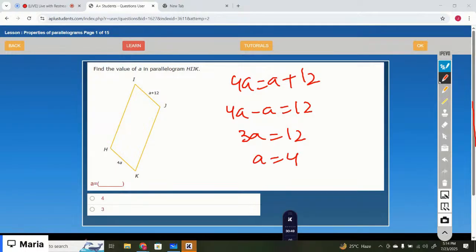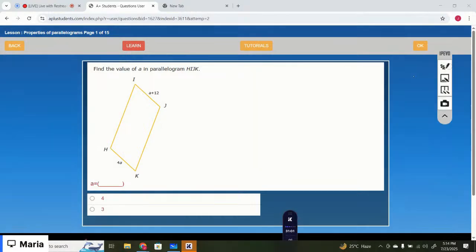That is A equals 4. Option number 1 is the correct option.